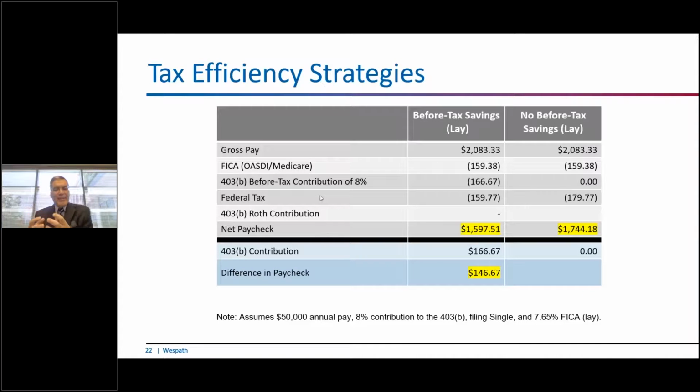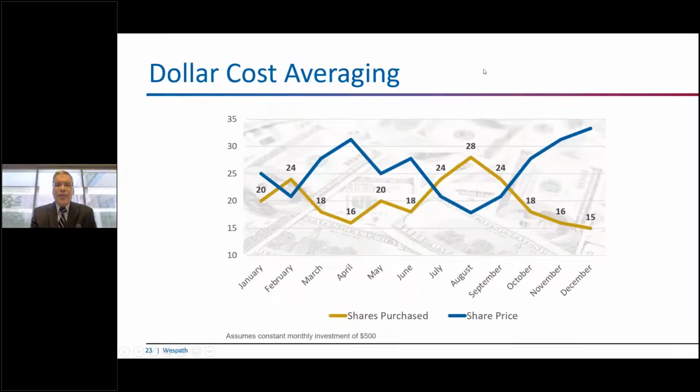You'll see less of a difference because you're not paying taxes now on those contributions. So even though this person making these before-tax contributions is contributing $166.67, they only see a difference in their take-home pay of $146.67. Again, because this is a before-tax contribution.